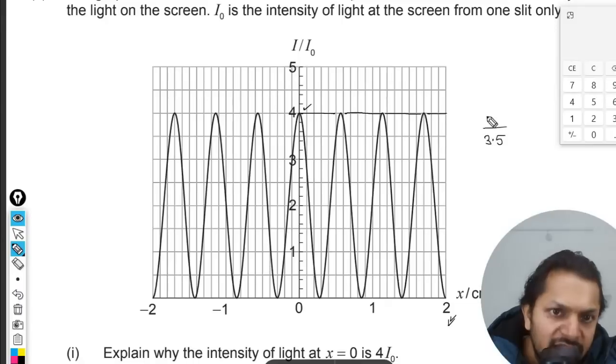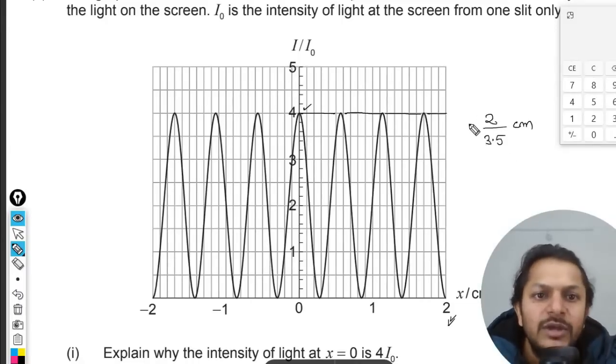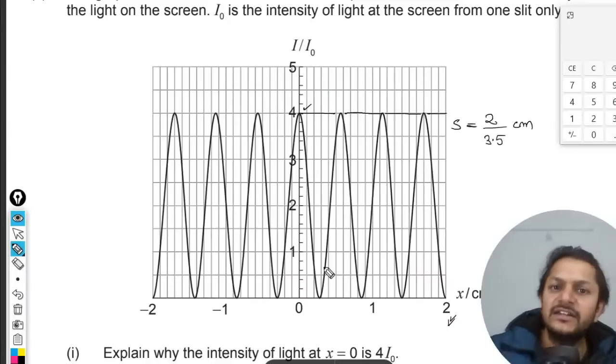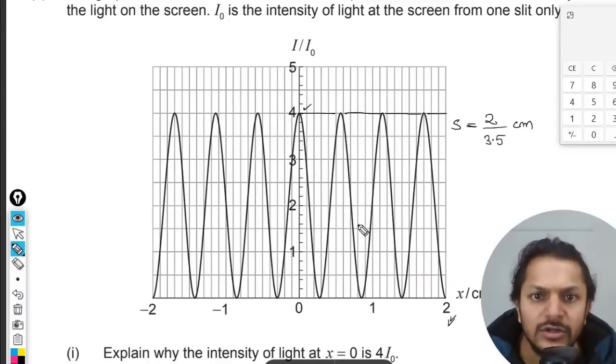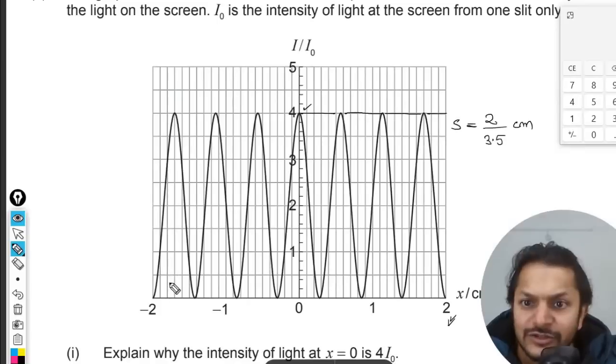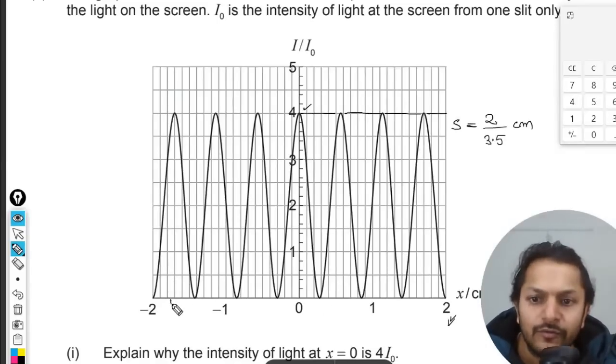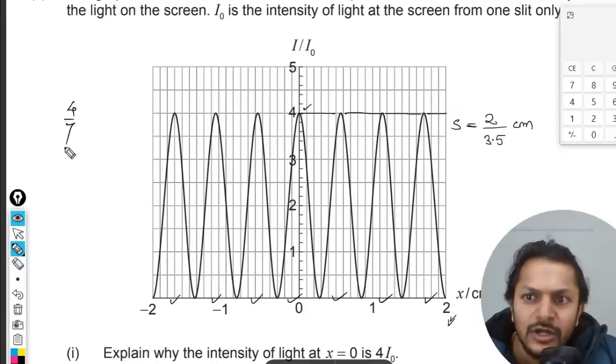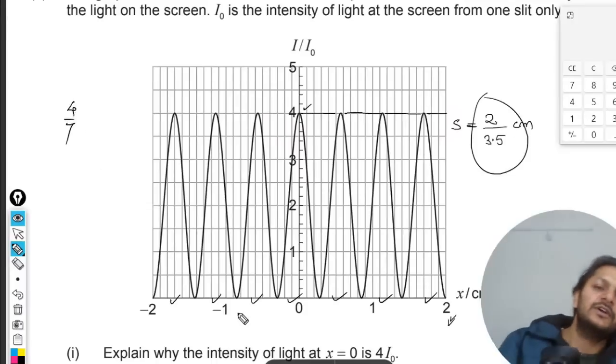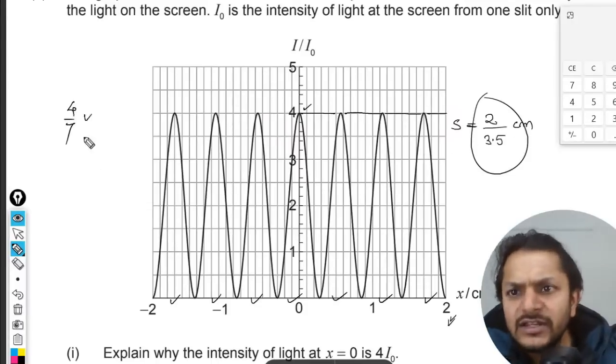So 2 divided by 3.5 should be equal to the fringe spacing, isn't it? Or we can take 4: 1 2 3 4 5 6 7, and 4 divided by 7, exactly the same thing that I have done earlier. So we can take it as 4 by 7.